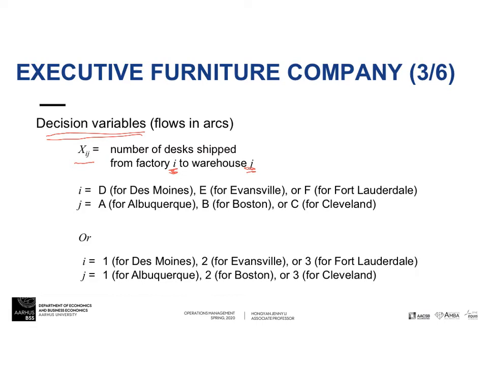In the textbook, they actually use the more wordy type of variables. We use the initials of the locations as the index of the warehouses and the factories. So for example, you can see XDA means the quantity of desks delivered from the Des Moines factory to Albuquerque.